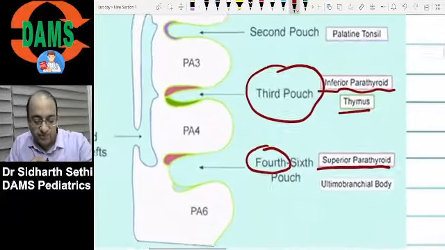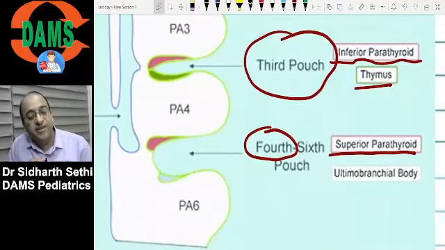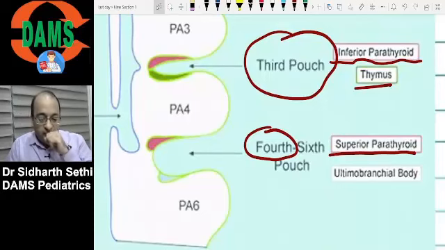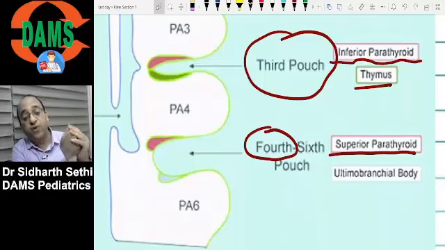I'll zoom it for you. From the third pharyngeal pouch, we get inferior parathyroid and thymus, and from the fourth pharyngeal pouch, we get superior parathyroid. So if the third and fourth pharyngeal pouches are not formed, this child has absent thymus, absent parathyroids.